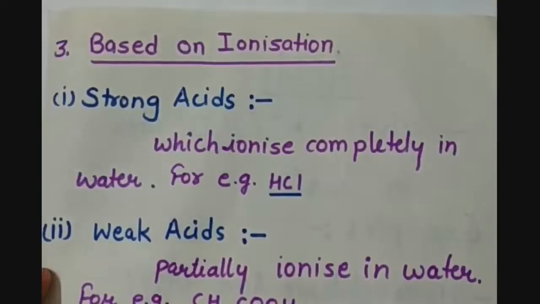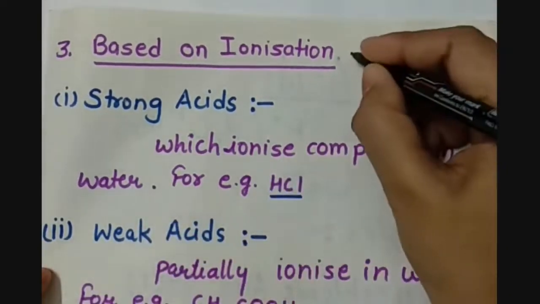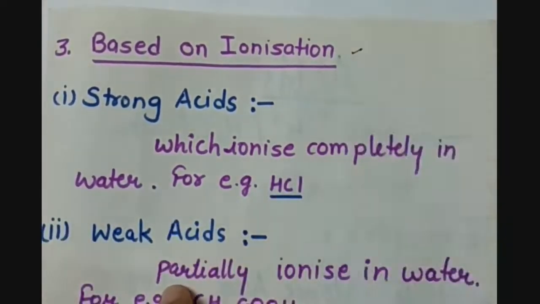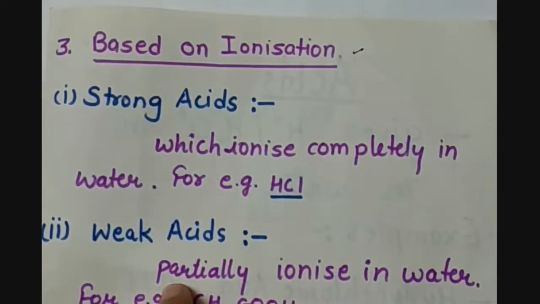Now third type of classification is based on ionization. Now let me tell you first what is ionization. Ionization tells you whether all the molecules of acids, when dissolved in water, completely dissociate into their ions or not.